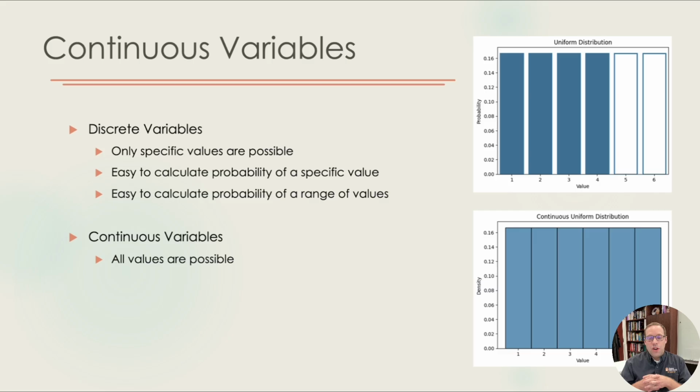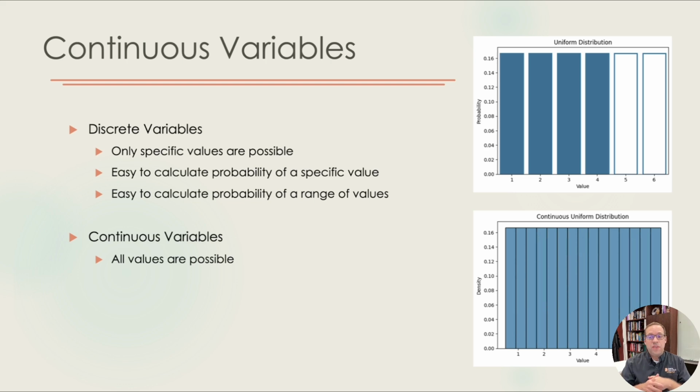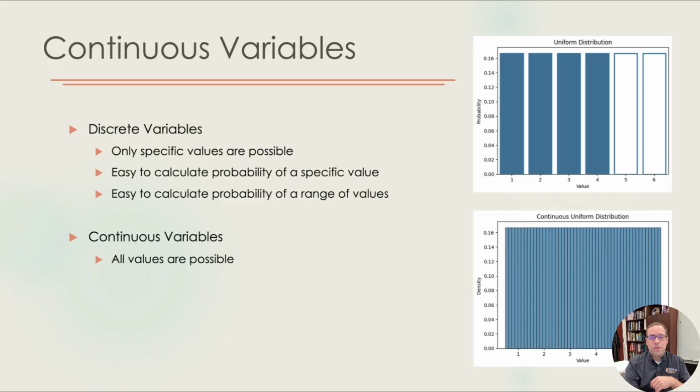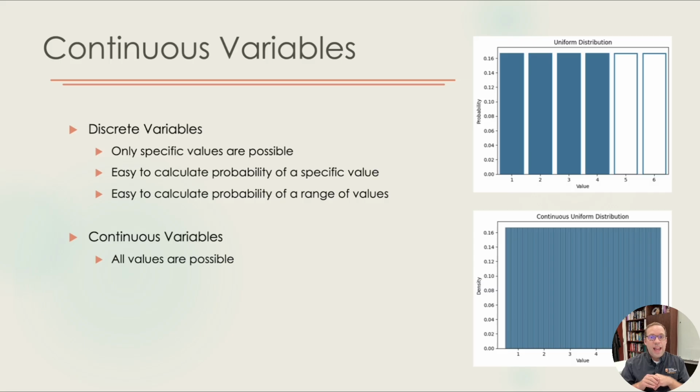Okay, so I start with this bar chart saying I can only have specific values, but hey, maybe I'm going to split those in half, and now I can get half values or quarter values or third values. Pretty soon, these bars are getting narrower and narrower and narrower. And if these bars get infinitesimally small, well, we've got a problem.